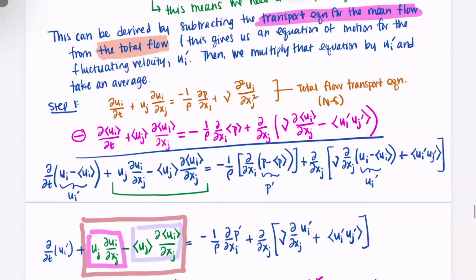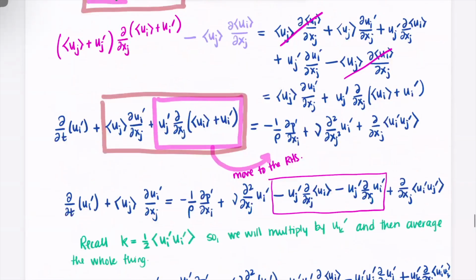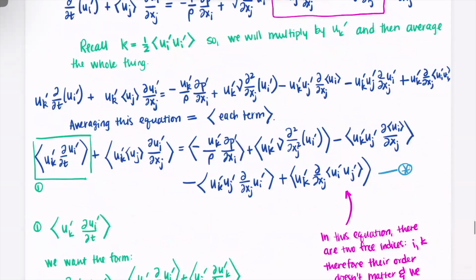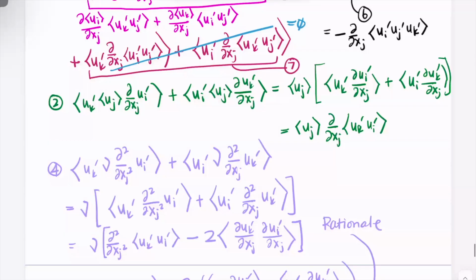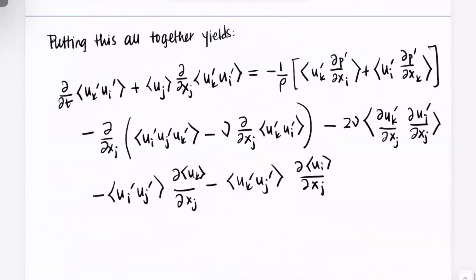And then we essentially multiplied that whole thing by the velocity fluctuation. And then we made use of the idea that repeated indices can be reversed. And then we added those two things together to finally arrive at a transport equation for the Reynolds stress tensor.